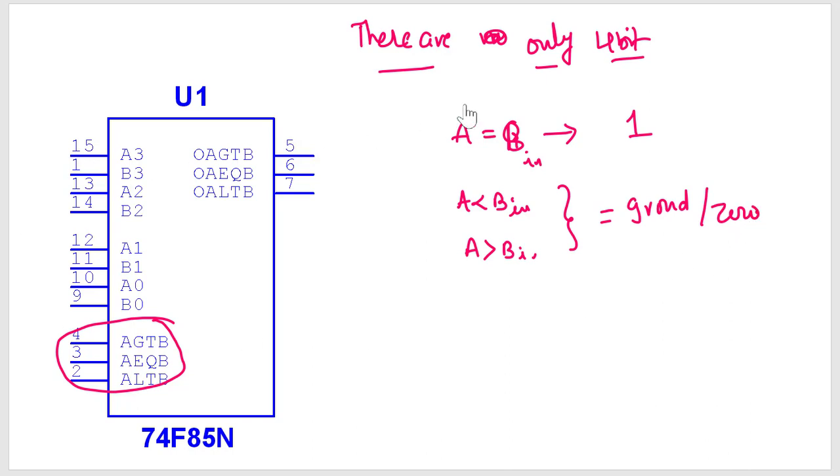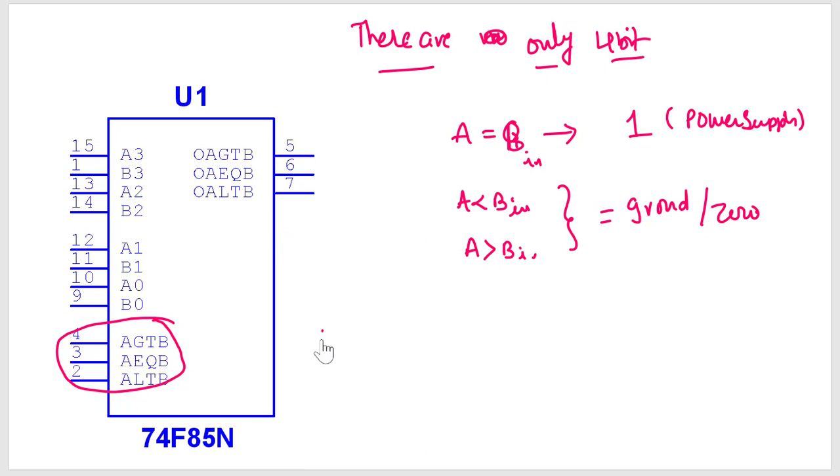So when you have only 4 bits, you don't need to depend upon the cascading input. We connect A equals to B in to 1, or the power supply, and A less than B in, A greater than B in to the ground.